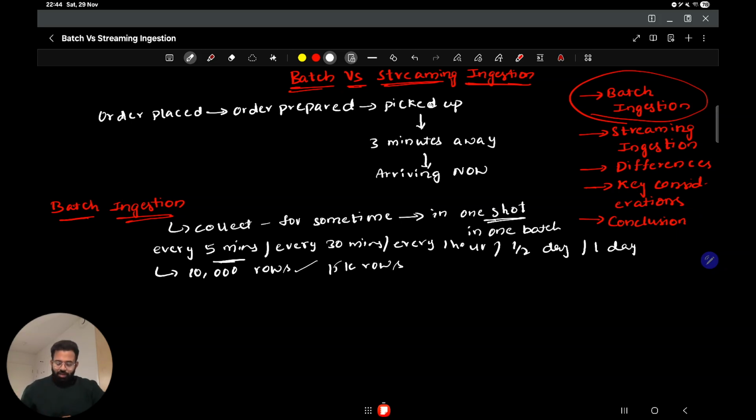To summarize, batch ingestion normally works well when no one needs real-time data or decisions.